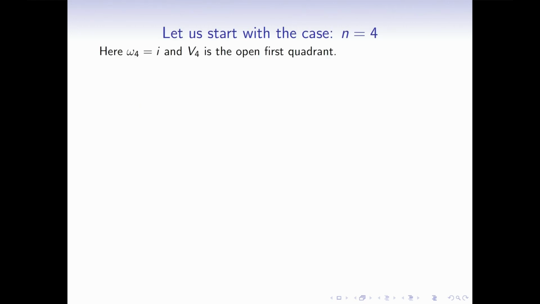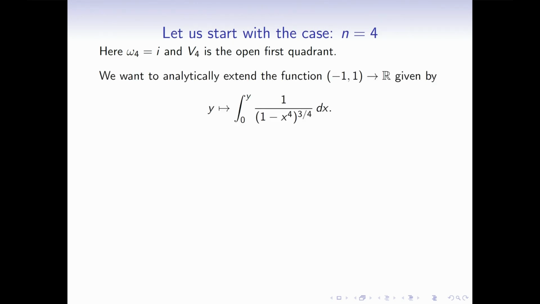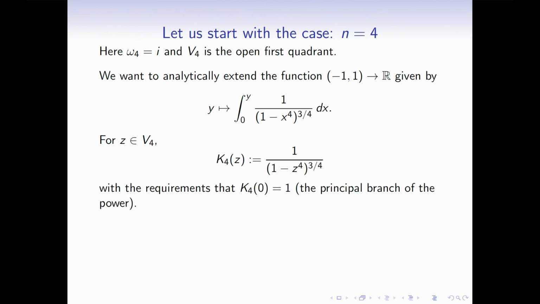Okay, let's begin. So let's start with n equals 4. As I said, omega 4 is just i, the complex number, and V4 is the open first quadrant. We want to analytically extend this function from -1 to 1 to R, so that will be sine inverse, right? Or sine 4 inverse. So you want to analytically extend this one. Now take any point in V4, the first quadrant, and I'm going to define this function k4 of z equals 1 over (1 minus z to the 4th) whole to the 3/4.